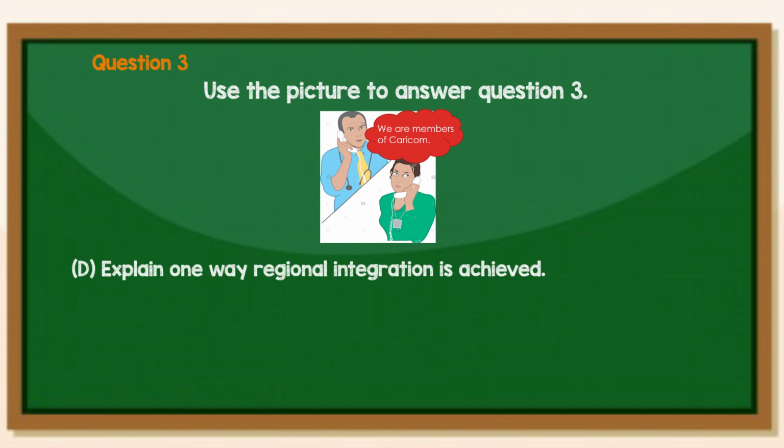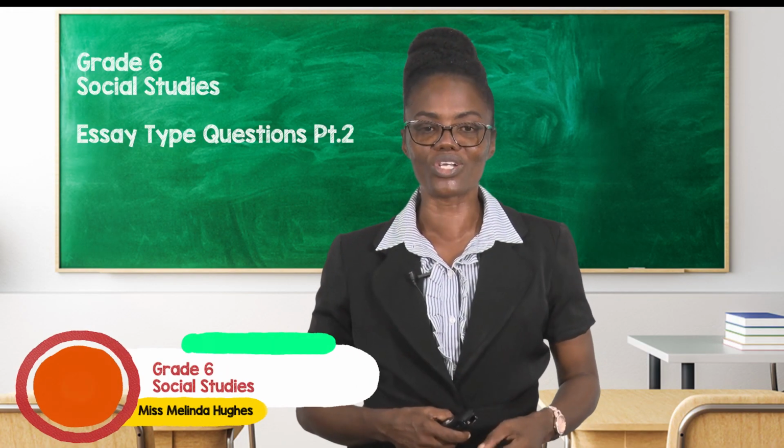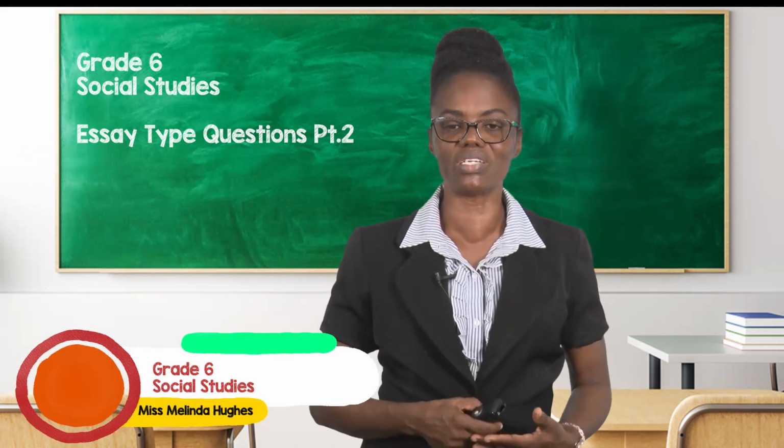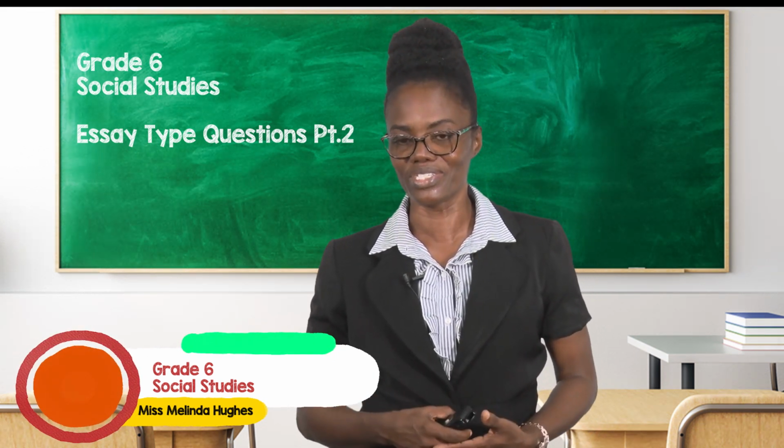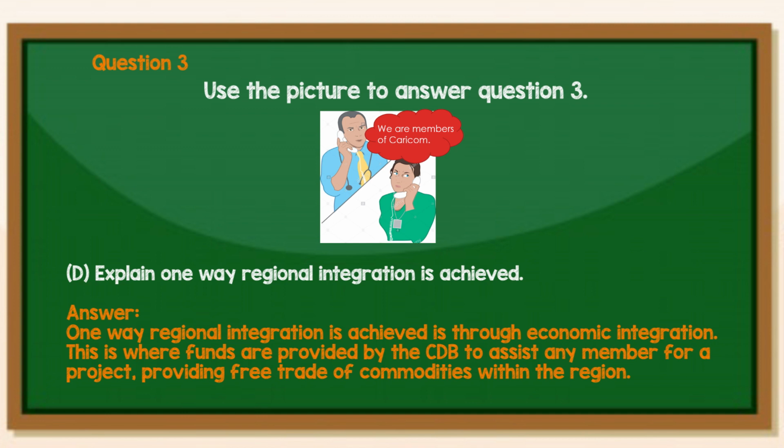D. Explain one way how regional integration is achieved. Remember, boys and girls, one of the objectives of CARICOM is economic integration. One way regional integration is achieved is by economic integration, which is where funds are provided by the CDB, the Caribbean Development Bank, to assist any member state with a project.